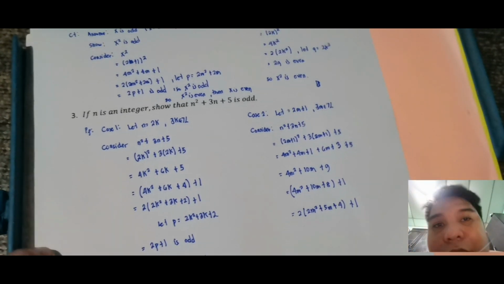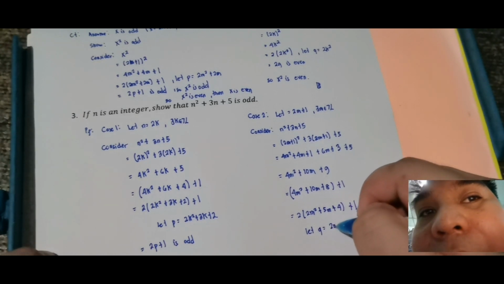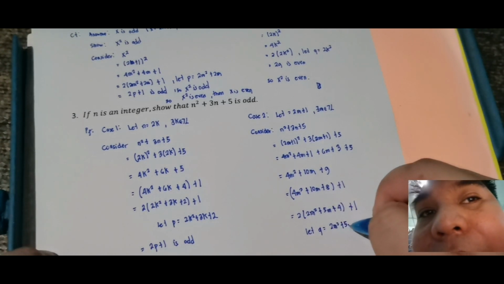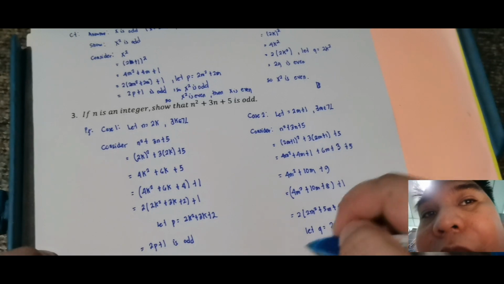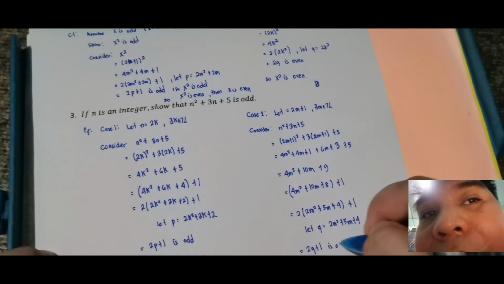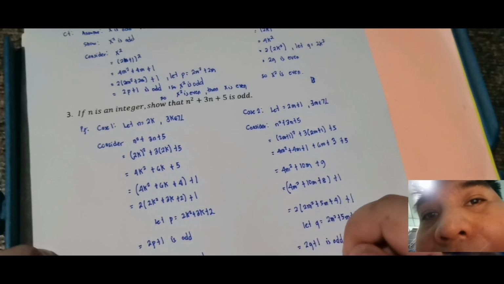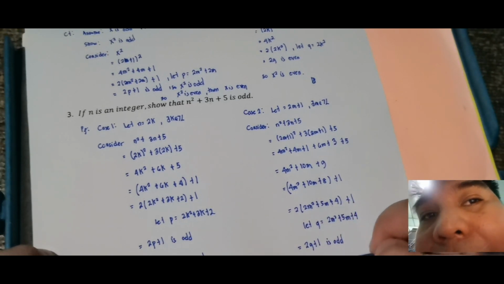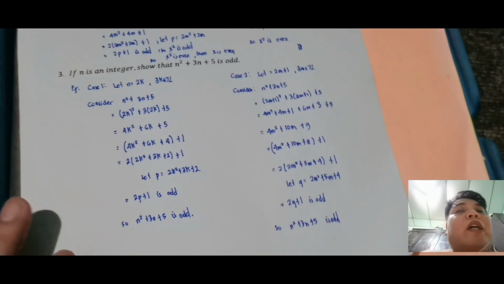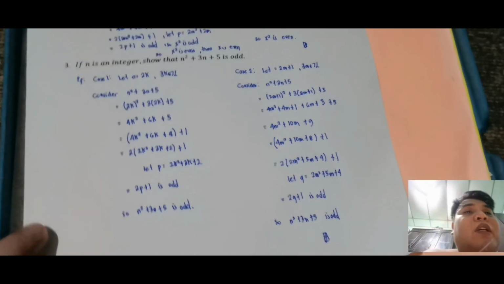So let's let q be equal to 2m squared plus 5m plus 4. So this is equal to 2q plus 1, which is odd. So n squared plus 3n plus 5 is also odd for n equal to an odd integer. So therefore, this is done.